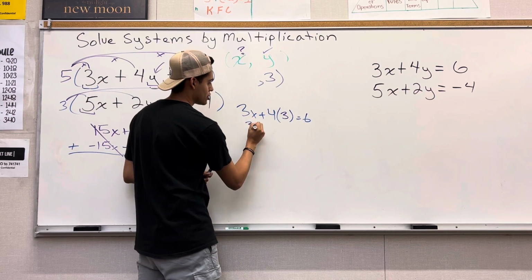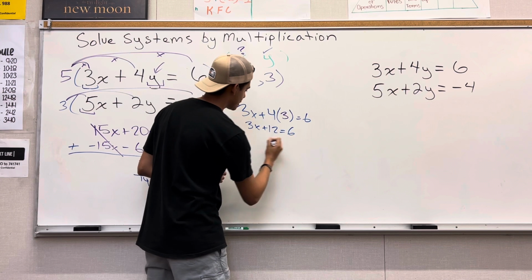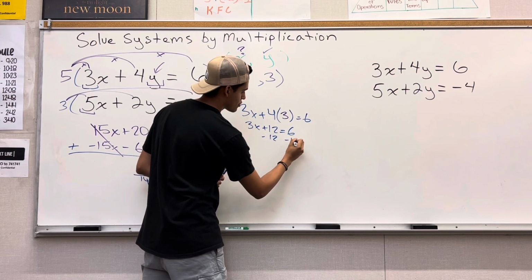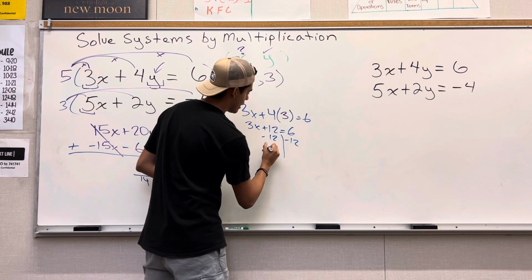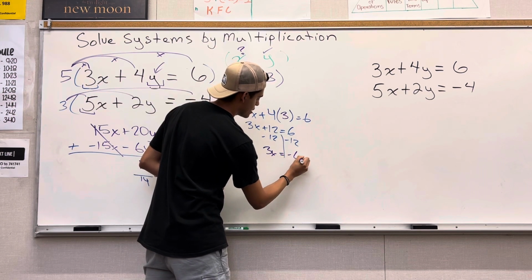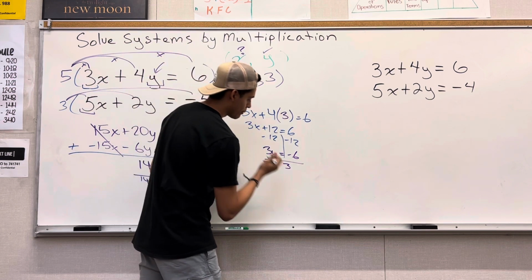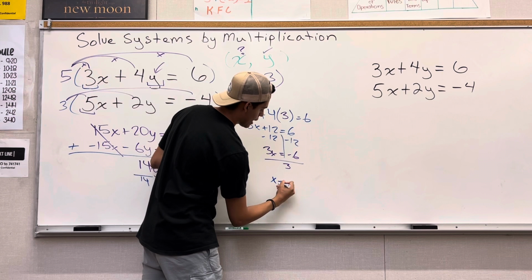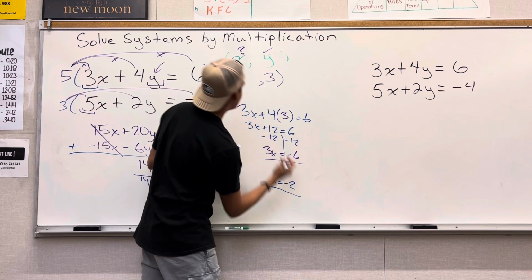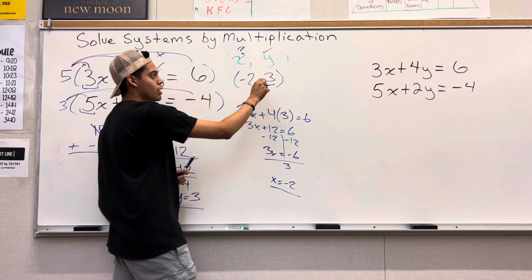Simplify: 3x, 4 times 3 is 12, equals 6. Move the 12 to the other side, since we want x by itself. We have 3x equals negative 6. Divide both sides by 3, and x is negative 6 divided by 3, which is negative 2. That is our x value. So the point of intersection is negative 2, comma 3.